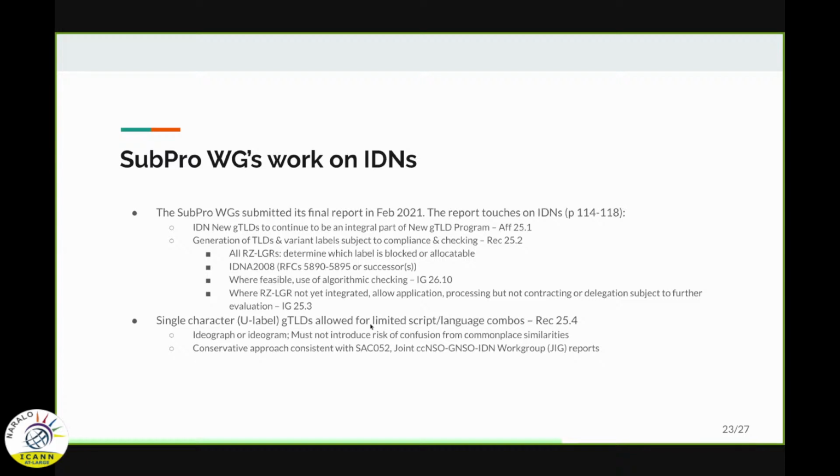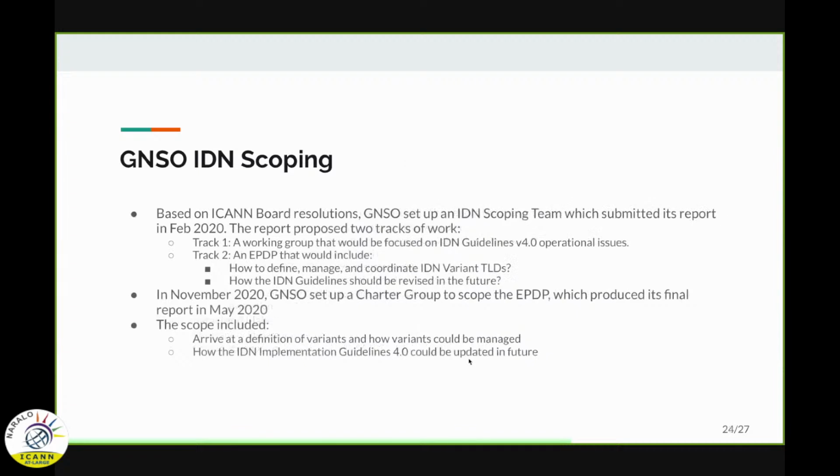Single characters are permitted for some languages, like Chinese, which use ideographs, where a single character represents a concept, subject to some constraints. This is recommendation 25.4. In general, all IDN work is conservative, with explicit reason, because we don't want any stability or resilience issues for the root zone.